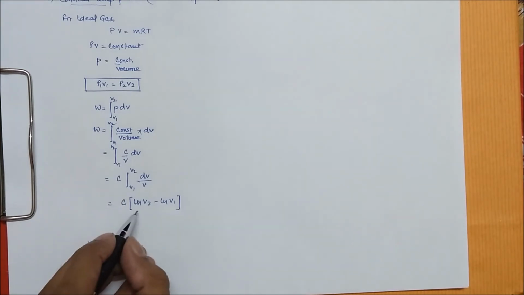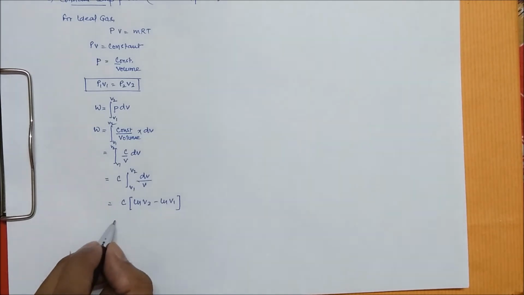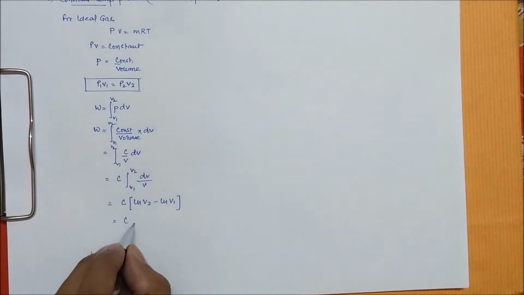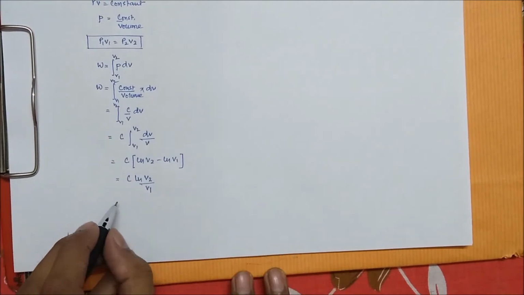We have integrated it. It is natural log V2 minus natural log V1. It will be ln V2 by V1. Yes, we have got it.